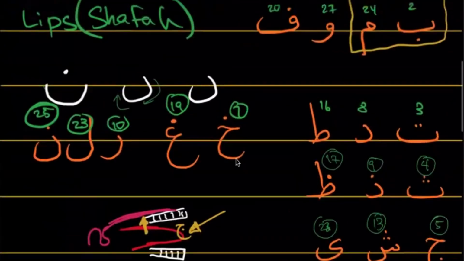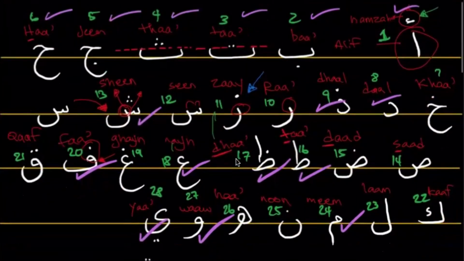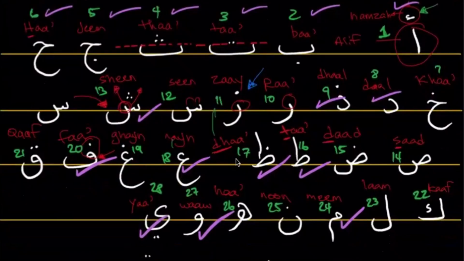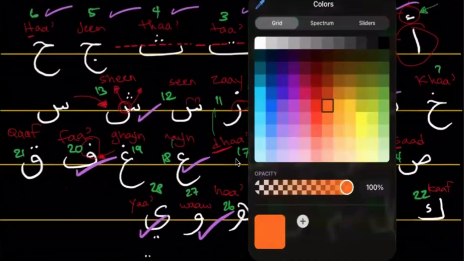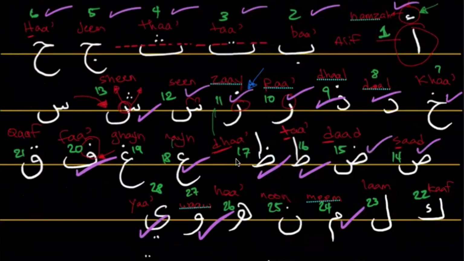Okay, what's after letter Bod? So Kha is covered, Dal, Ra is covered, Zay, Sin, Sheen, Sod, Bod, Pa, Va, Ain, Ghain, we covered, Fa, Qaf.